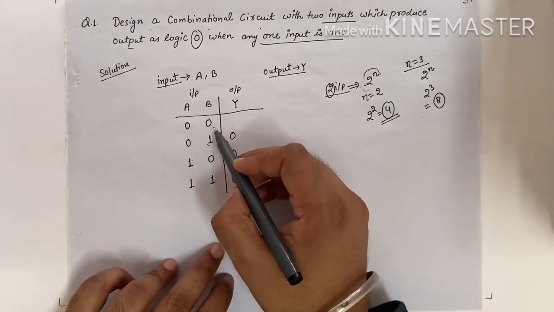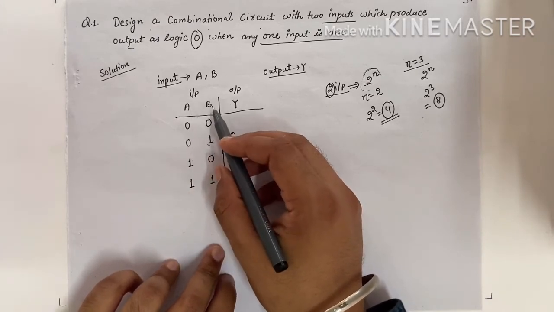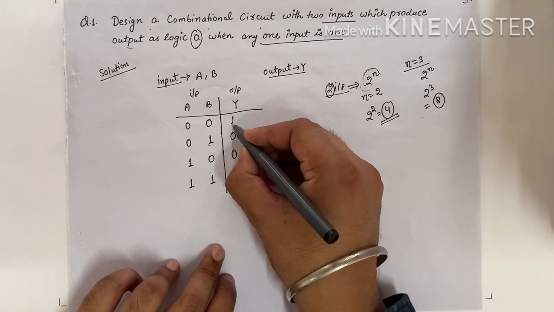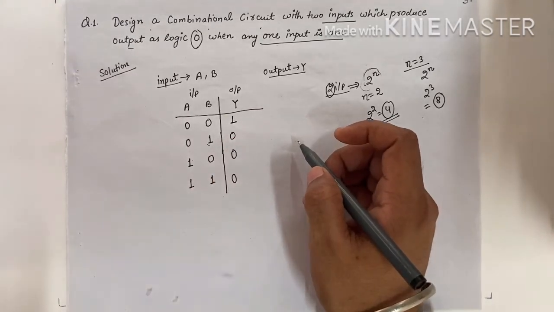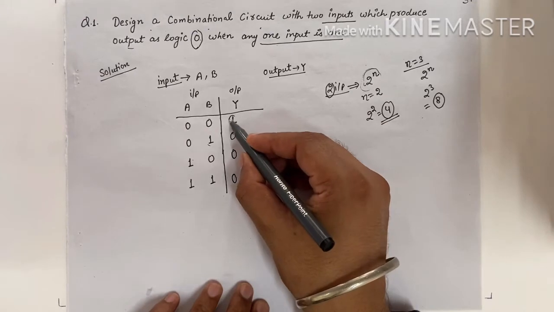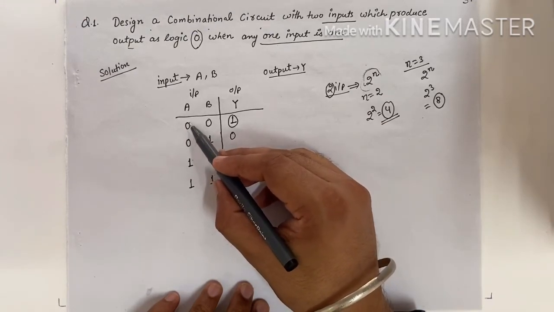In the first case there is 0 on the A side and 0 on the B side, then the output is 1. So only in one case do we have output 1, when inputs A and B are 0.